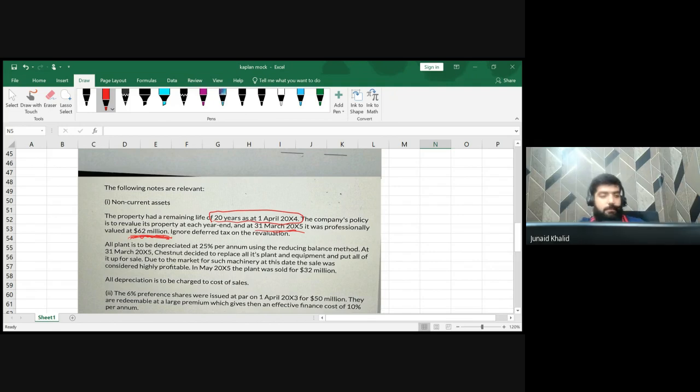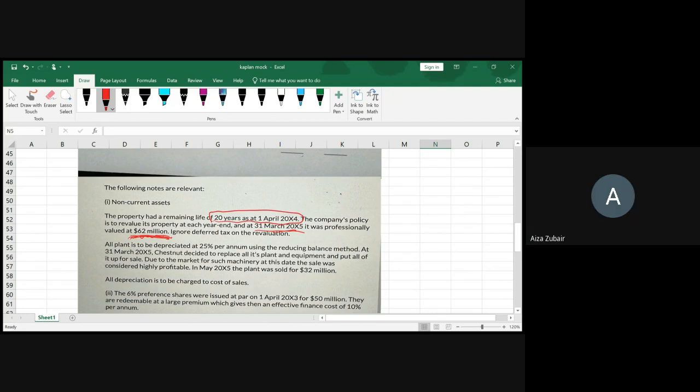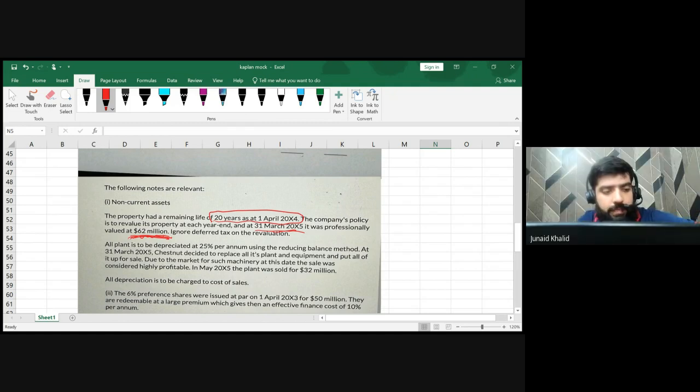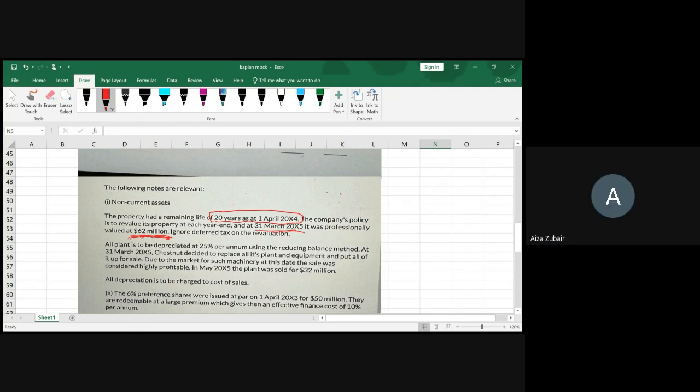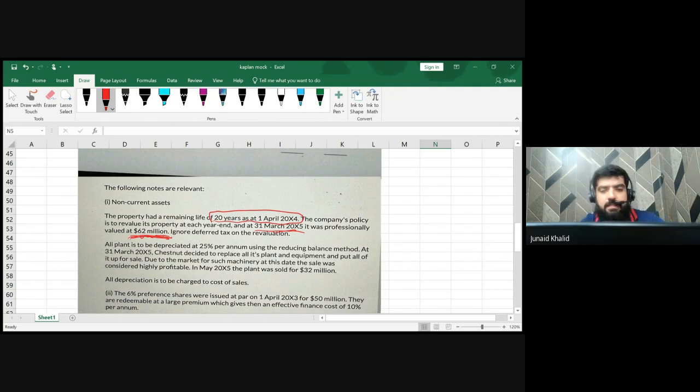Okay, so can you please let me know in which accounting standard we are now? For putting them up for sale. Can you identify the standard? If any property is held for sale, which accounting standard will be applicable?